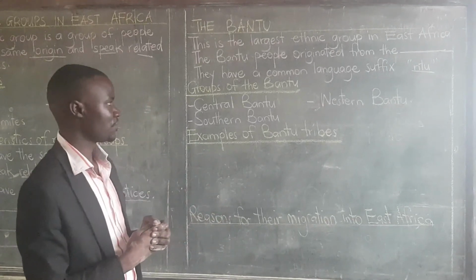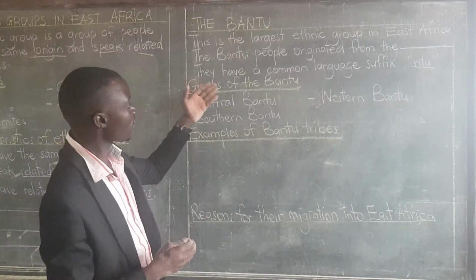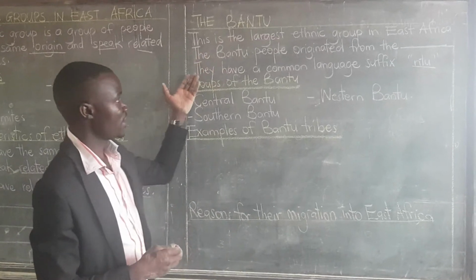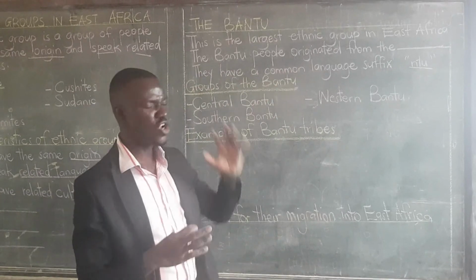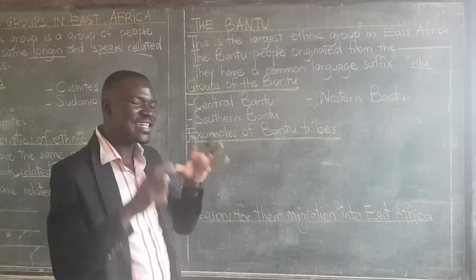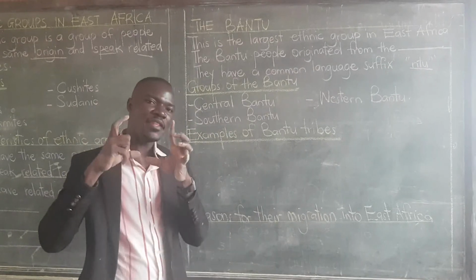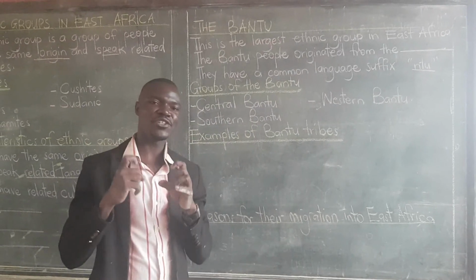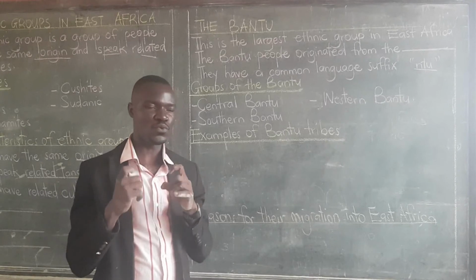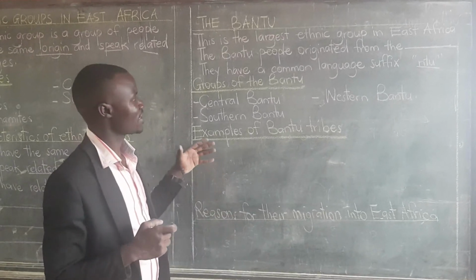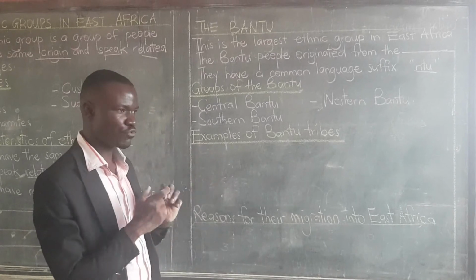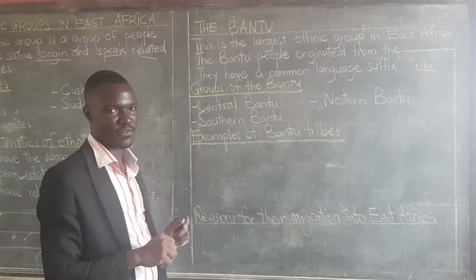So, my dear children, what I've written here, I've already explained it. They originated from the Cameroon Highlands, and they are known majorly for the suffix, that last word. When they are referring to things, they mention the word "ntu." That's the common language suffix that joins the Bantu groups everywhere in East Africa.